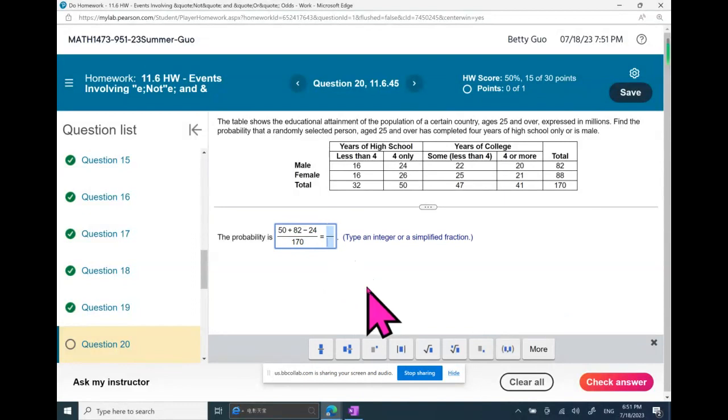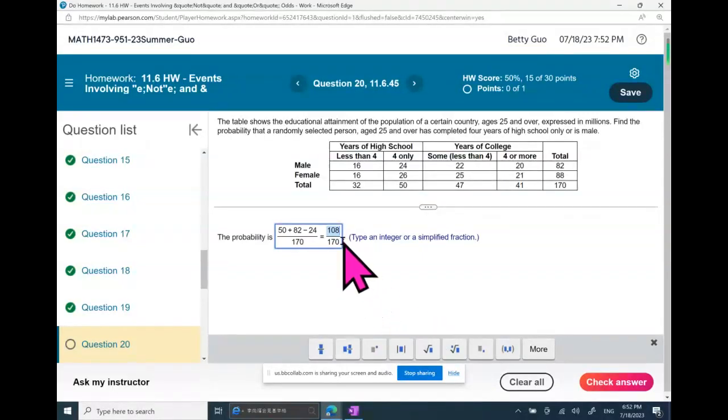We didn't have time to do a lot of odds, so watch the video to look at the odds. It's just a ratio. Numerator 52 minus 24 gives us 26. 26 plus 82, 108. Let me double check. That is 108.